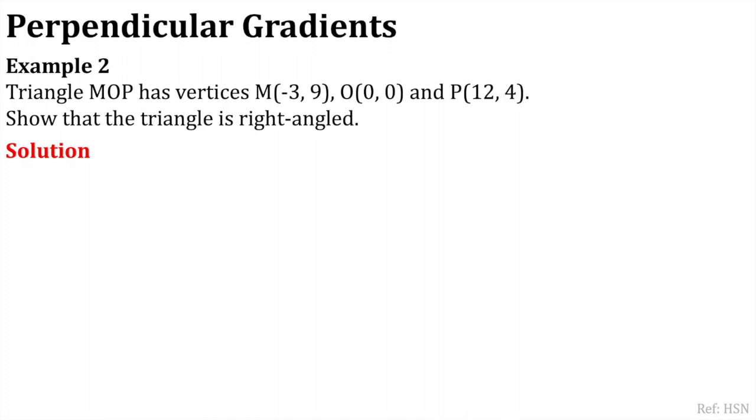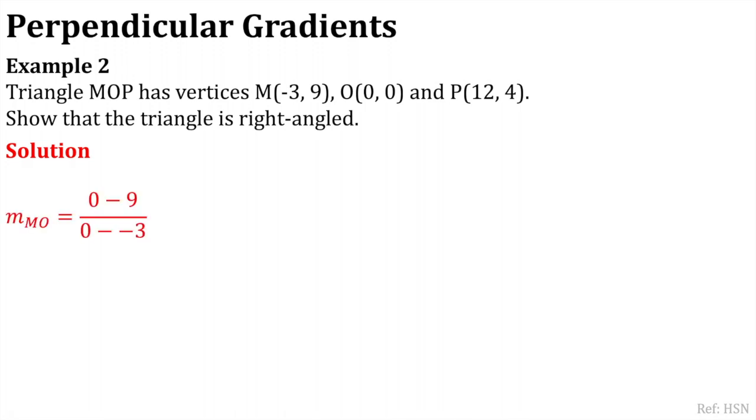That will show us that the triangle has a right angle in it, and therefore those sides are perpendicular to each other. So we need to firstly examine the gradient of each of the sides of the triangle. We'll firstly have to look at MO, then OP, and then MP.